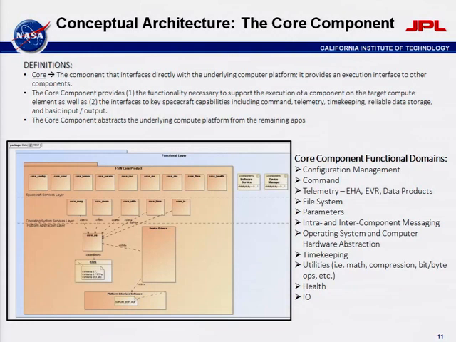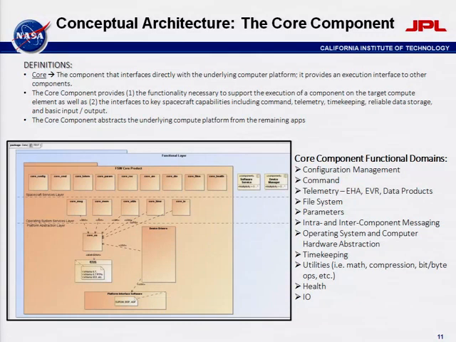This is somewhat of an eye chart, but as I mentioned, at that functional layer, we have a very special product called the flight software core. The flight software core is the component that interfaces directly with the underlying compute platform. It provides the execution interface for other components.